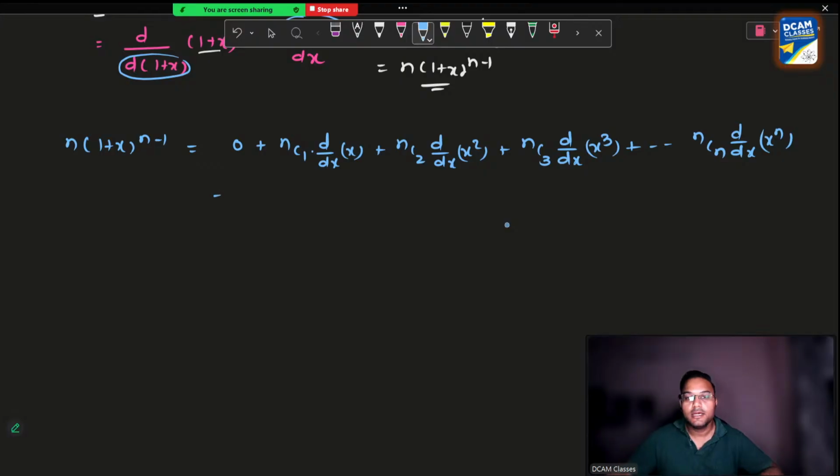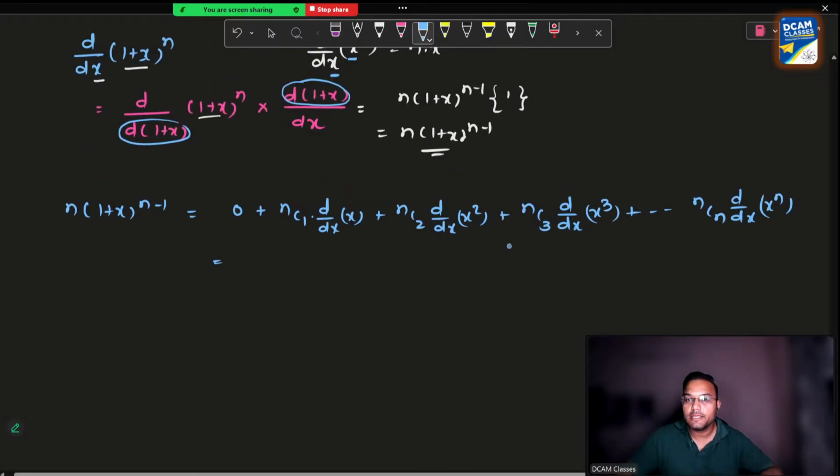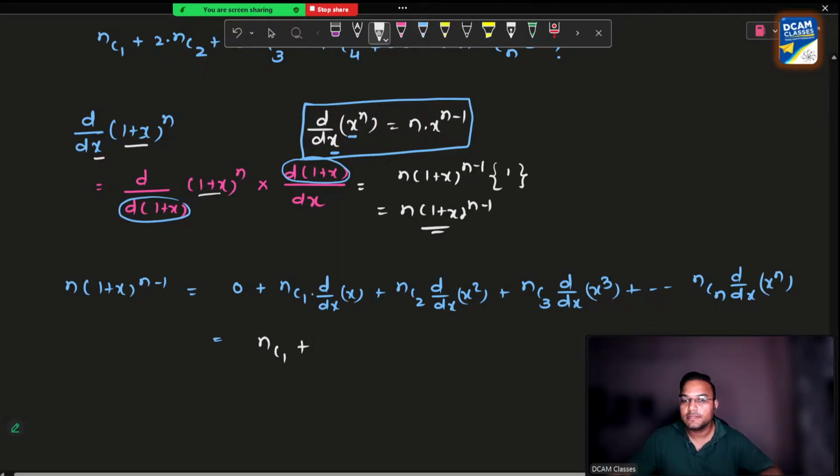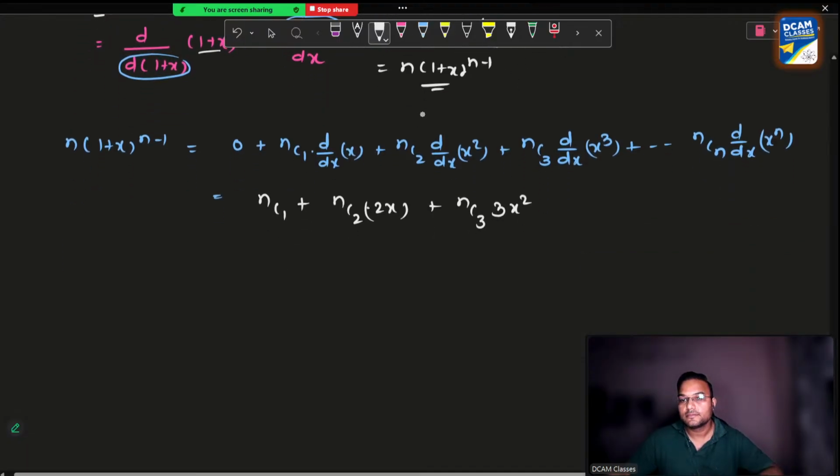Now you have to apply the above formula which I was talking about. So you will be getting the result: nc1 plus nc2 into 2x, plus nc3 into 3x square, and so on, plus ncn into n into x power n minus 1.